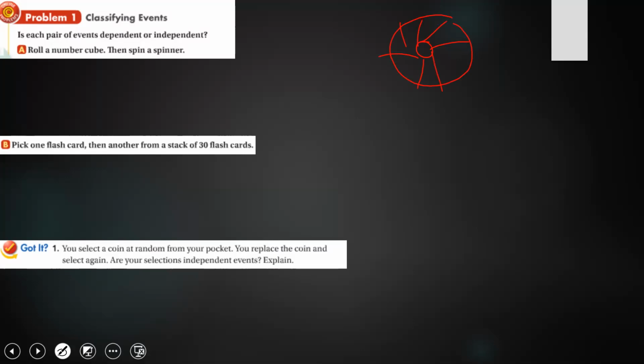No. So it is independent events, because rolling a number cube didn't affect a spinner.